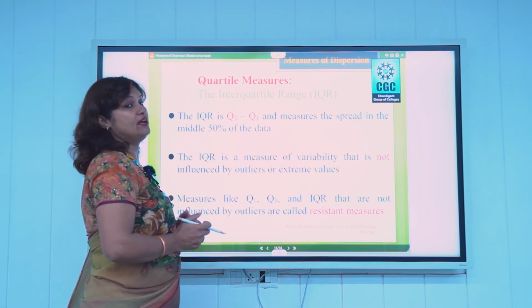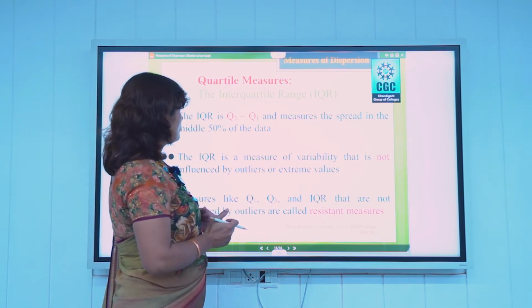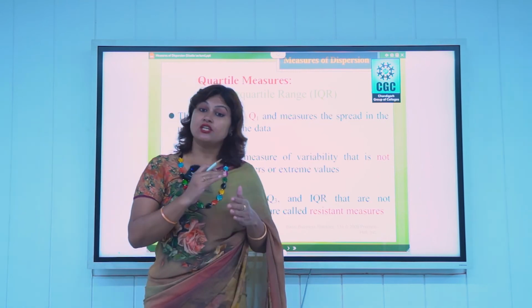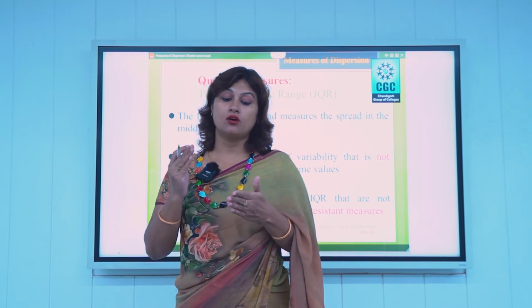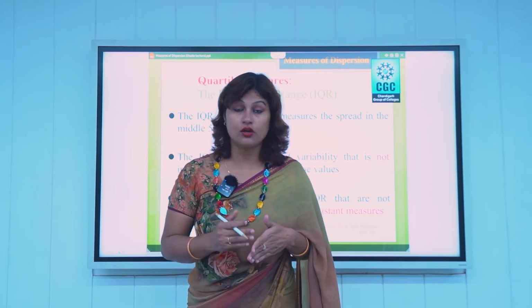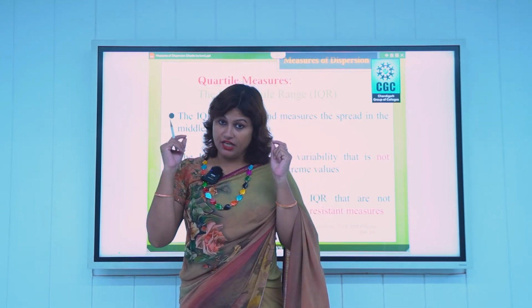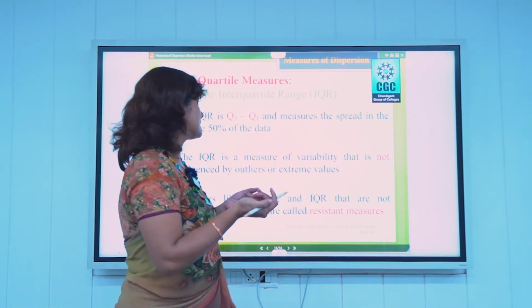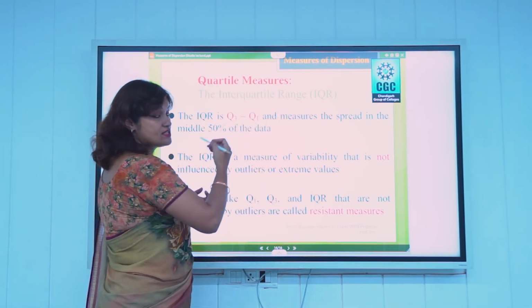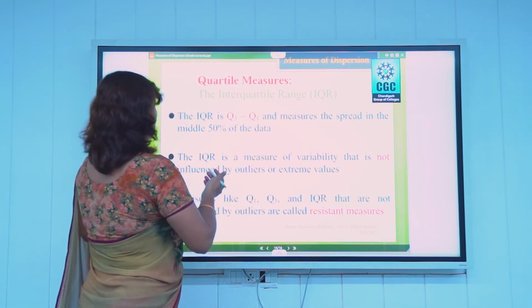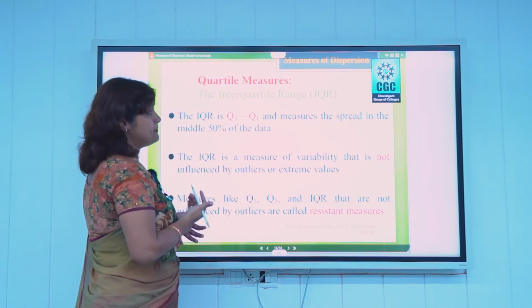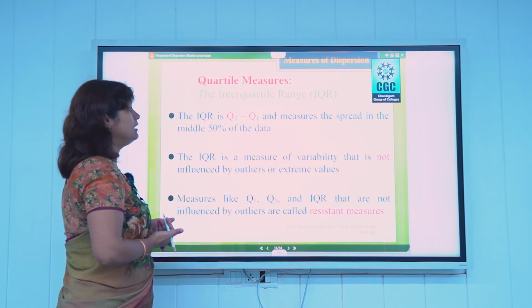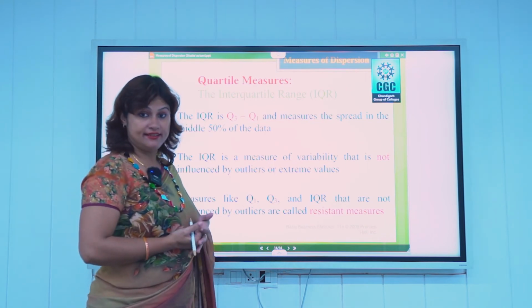So, the interquartile range. The interquartile range is Q3 minus Q1. By this time, we are very well aware of what was meant by Q1 or Q3. The interquartile range suggests that we take the difference of these two. So this IQR is Q3 minus Q1 and measures the spread in the middle 50% of the data.